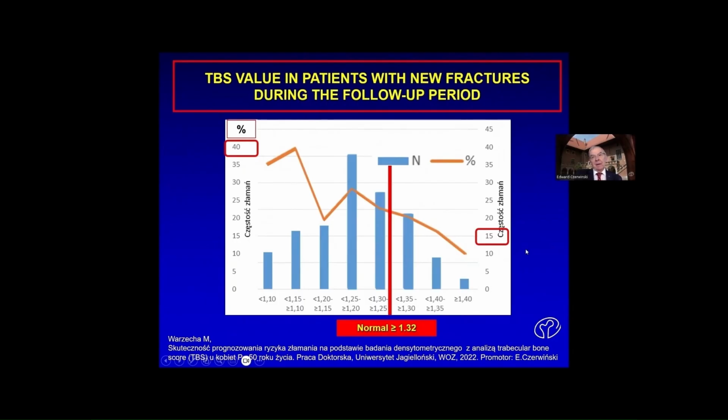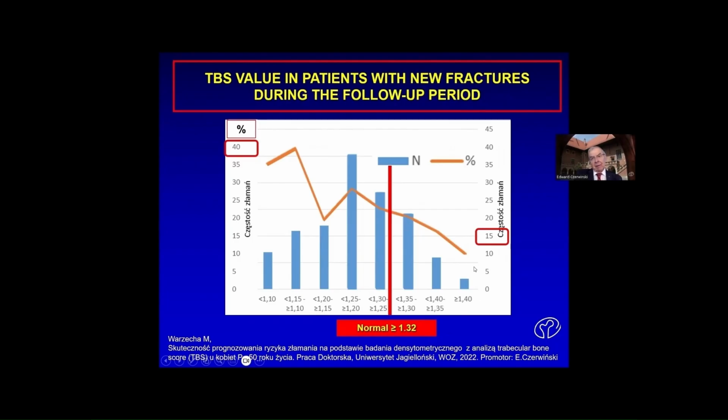Here is another assessment of our material, and here is the limit for normal TBS. To the right, we have the positive, not disturbed.